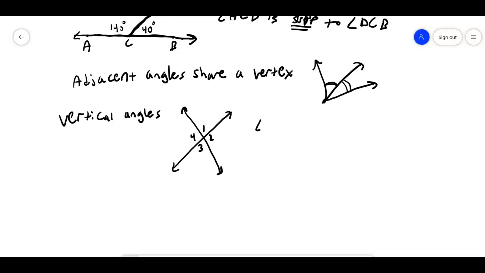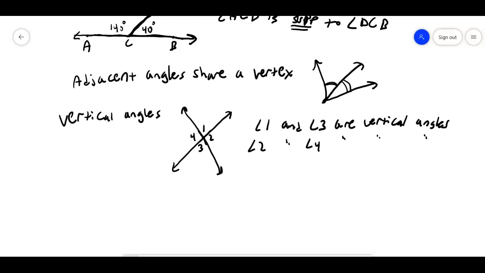So angle 1 and angle 3 are vertical angles. Okay, so you see how they're kind of across from each other? They kind of point at each other. And so the same thing would be true with 2 and 4. All right? So 2 and 4 are across from each other and they point at each other.